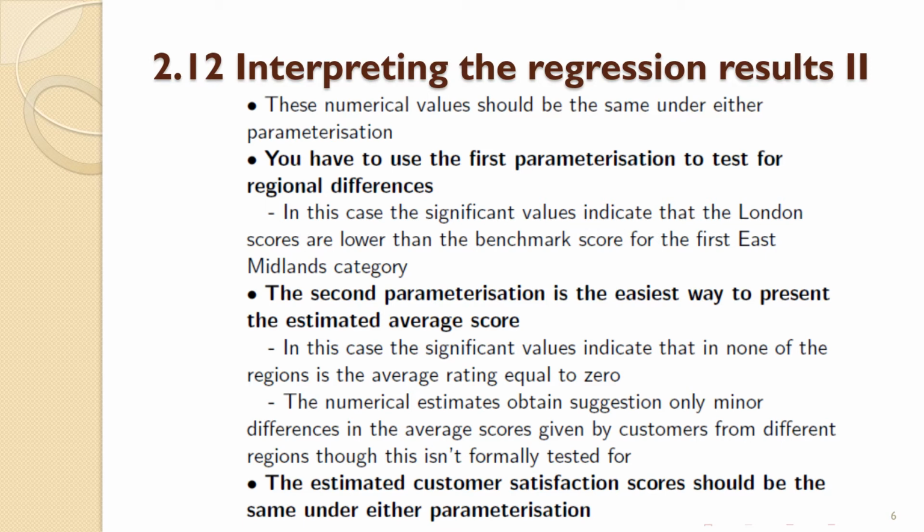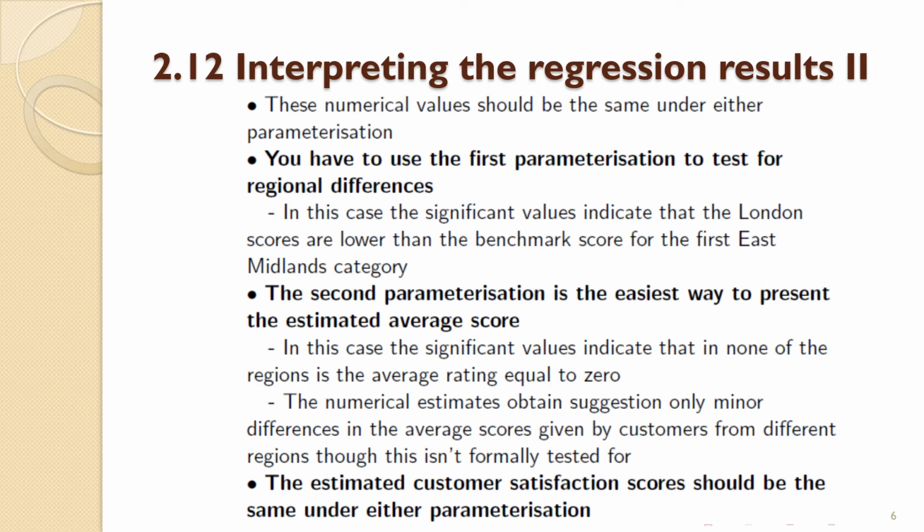So interpreting these regression results then, the numerical results should be the same under either parameterization. It's just easier to see this if you use the second parameterization, because then you have the listing of the average score by region produced automatically. And how this works then, both parameterizations have some value.